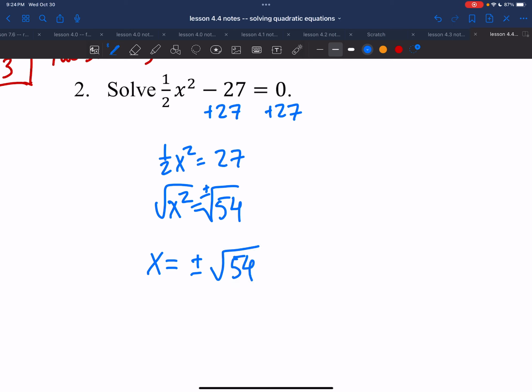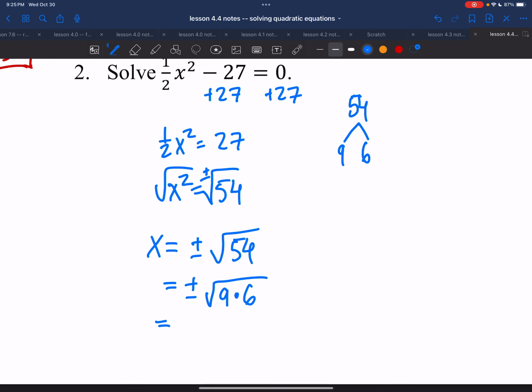So again, your little factor tree, 54. I immediately know, from my multiplication tables, oh my gosh, 3rd grade, little Evan doing his 54, that's 9 times 6, right? And I like that one because I know the square root of 9, that's a perfect square.